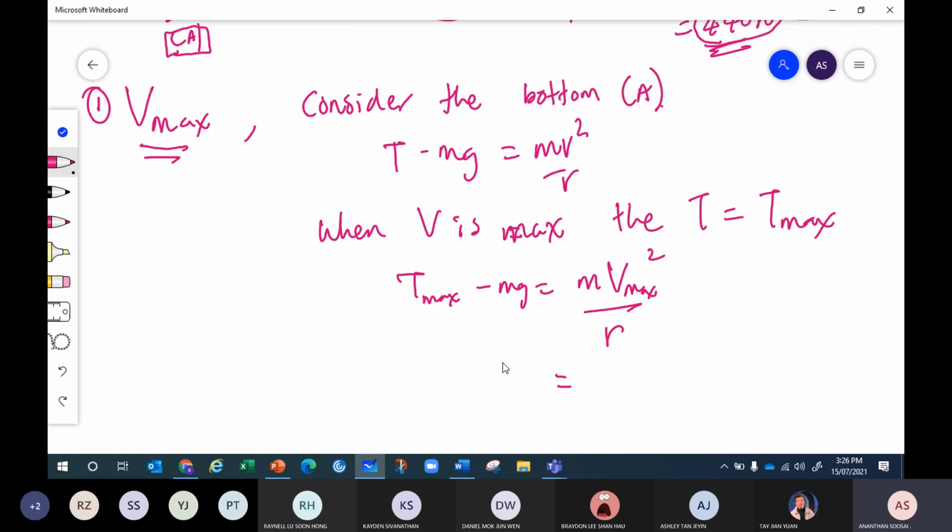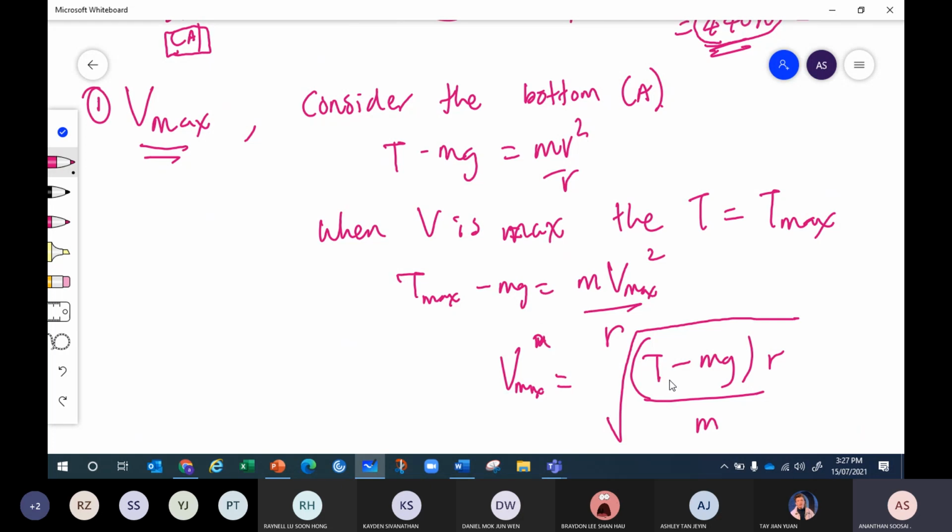So make V the subject. What is Vmax? Rearranging, Vmax equals the square root of (Tmax minus mg) times r over m. So this is the formula to get Vmax.